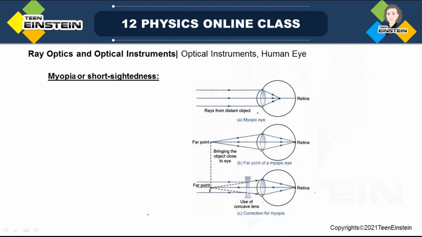If we know the focal length, then the reciprocal of the focal length is power. So we can talk in terms of power also. So this is how myopia, short-sightedness, can be resolved. Now we'll go to hypermetropia.